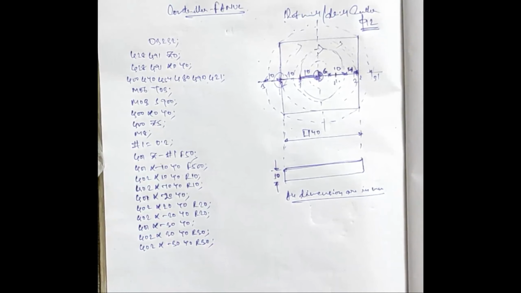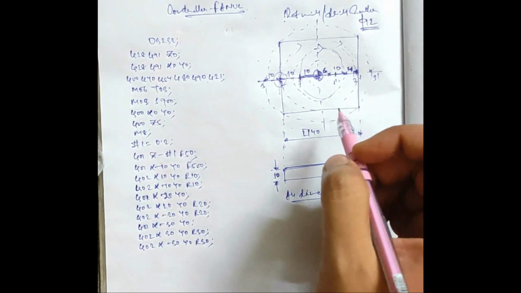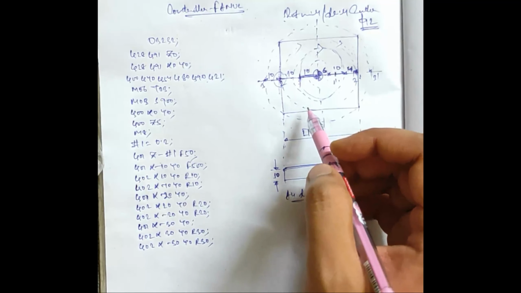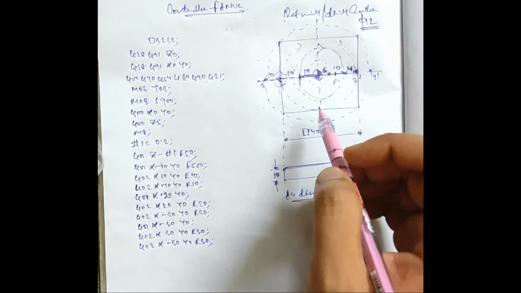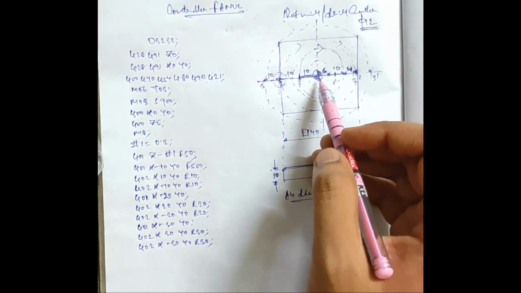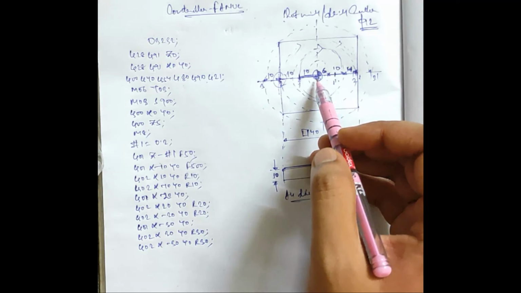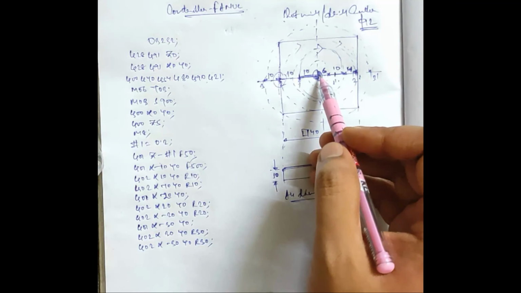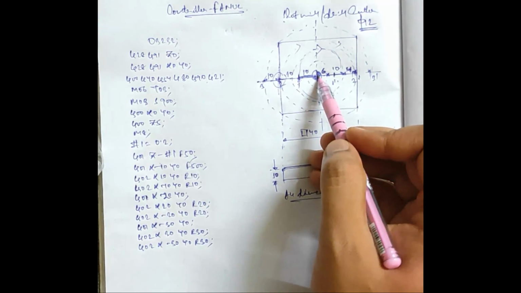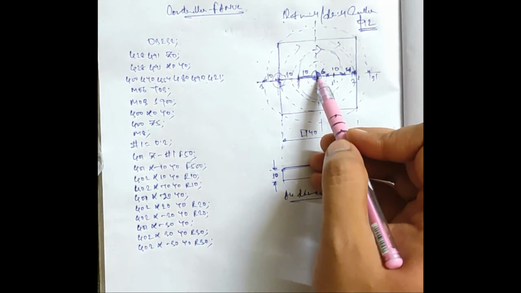Like I said earlier, you have to make a complete loop. You have to close the loop, and by closing the loop, you can start again. We started from point number 0, the origin, so we have to end at the origin to close the loop.